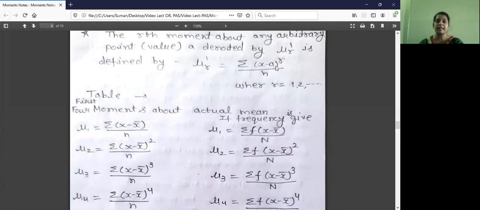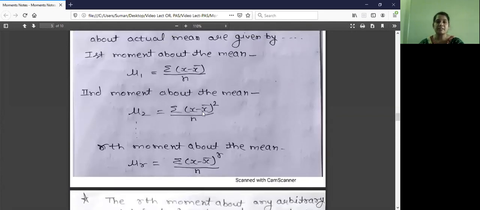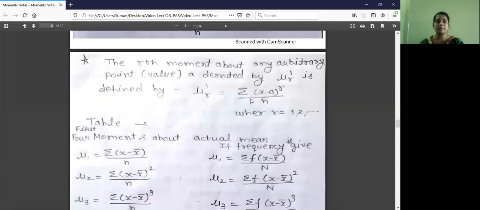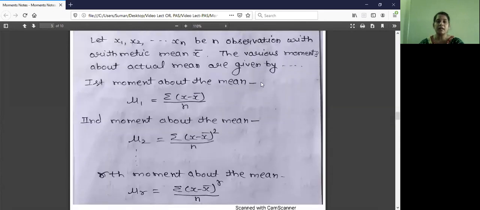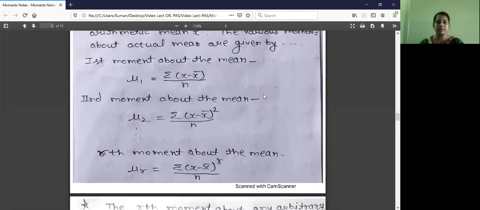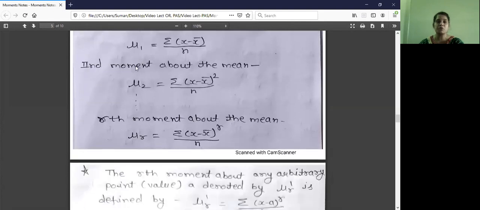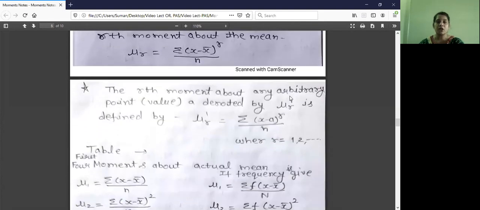Here a is the assumed mean and x bar is our actual mean. According to our actual mean, the moments are mu1, mu2, mu_r. But according to our arbitrary point value or assumed mean, we write mu_r dash.